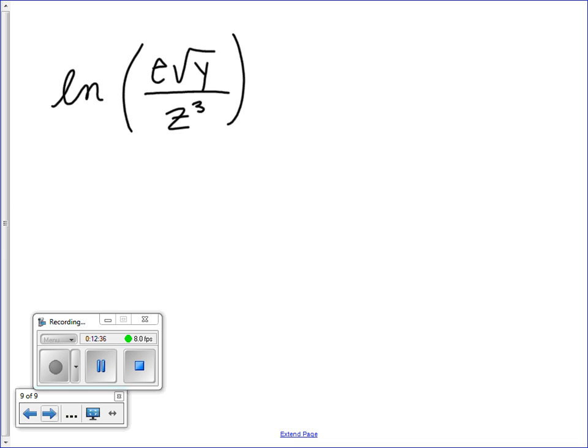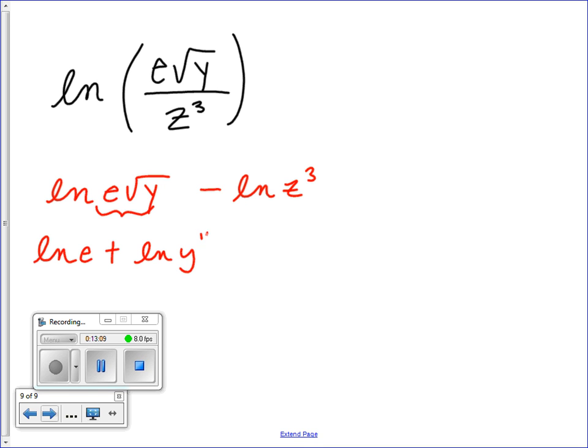Subtract, so I can say the natural log of e times the square root of y minus the natural log of z cubed. Yep, I can rewrite this as y to the 1/2. What can I do with this? That's e times the square root of y. What do we write for multiplication? Yep. So it's going to be natural log of e plus natural log of... Yeah, we'll move it to the next step.